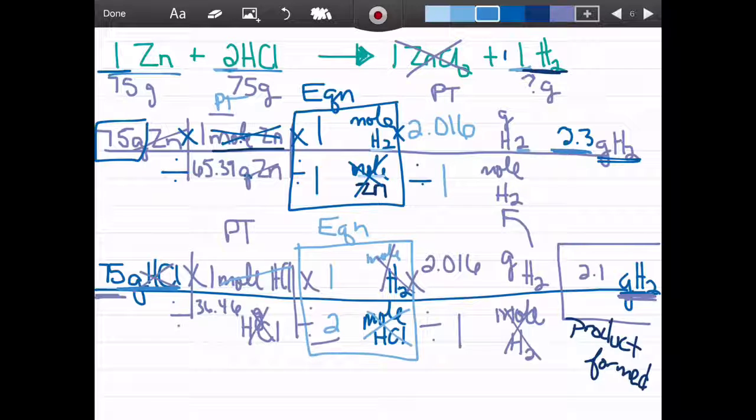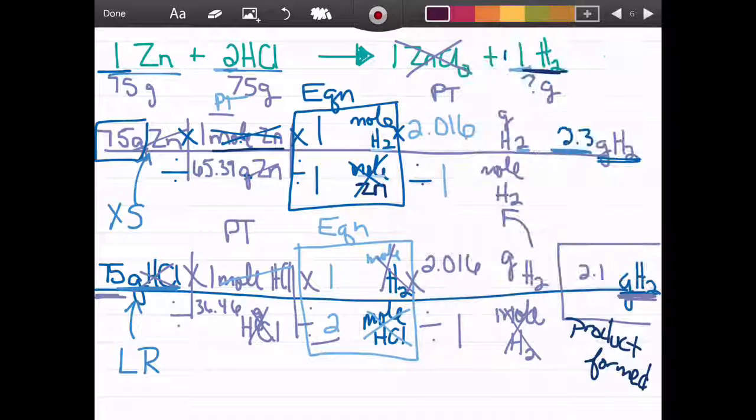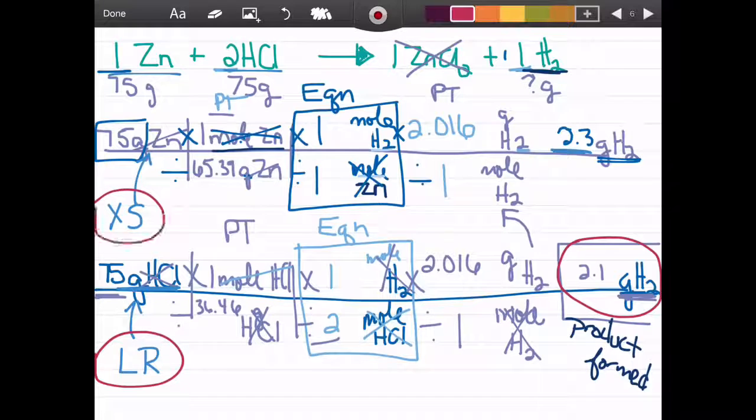So that means that this is my limiting reactant, which then means that zinc is going to be the reactant in excess. Now, you need to make sure that when you do any limiting reactant problem, you're going to have 3 things labeled. You're going to have your amount of product that you form, your limiting reactant, and your excess reactant. Make sure you label each and every one of those for your limiting reactant practice problems.